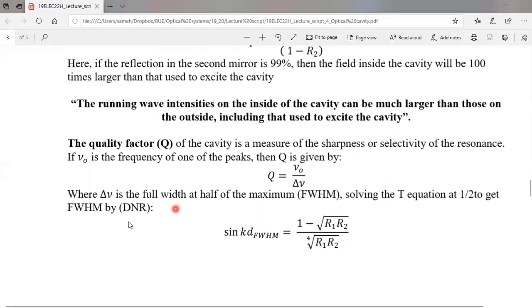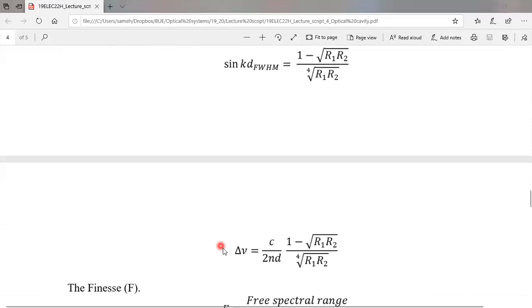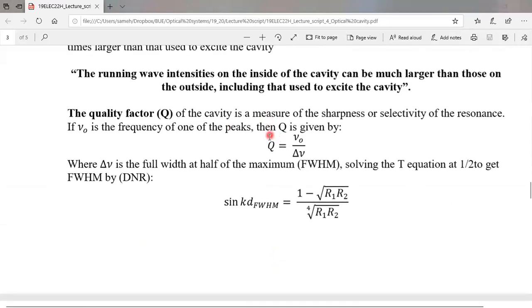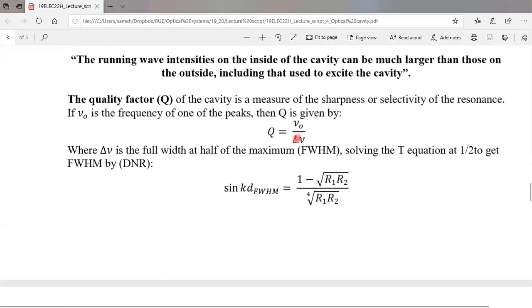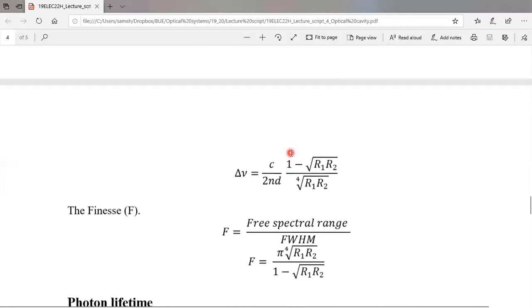Here, as I mentioned, the derivation is not required, so you can simply say that Δν, the full width half maximum, is equal to c over 2nd times (1 minus √(R1R2)) over the fourth root of R1R2. This equation will be given to you. So if I ask you to calculate the quality factor, the Q is equal to the central frequency over the full width at half maximum, which is this term. Finally, at the end of this part of the lecture, I will describe something called the finesse, or F. The finesse is the free spectral range over the full width at half maximum.